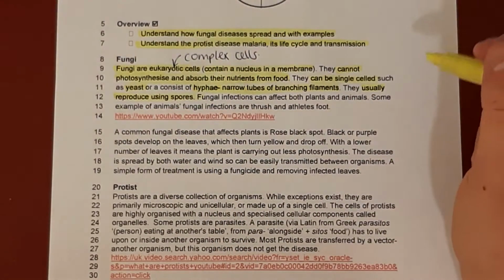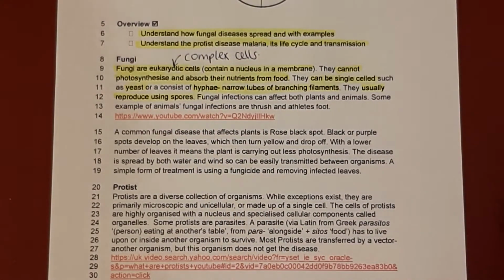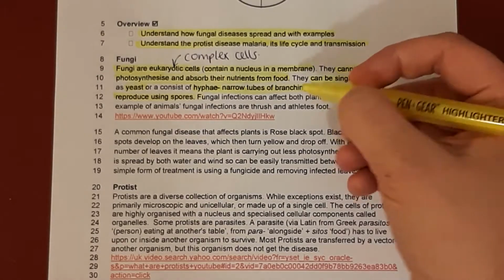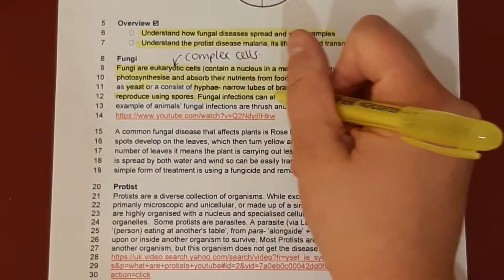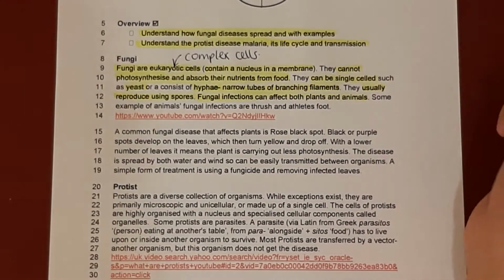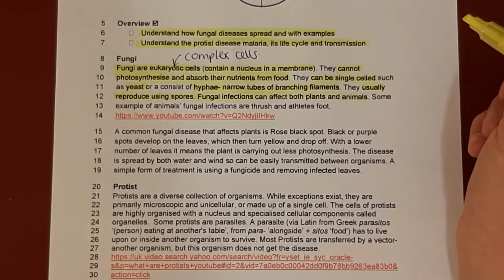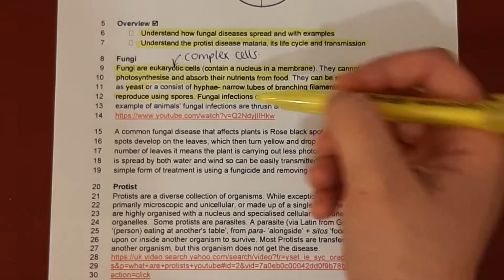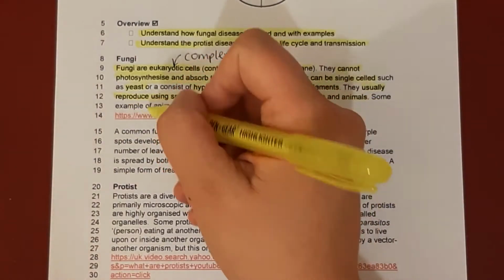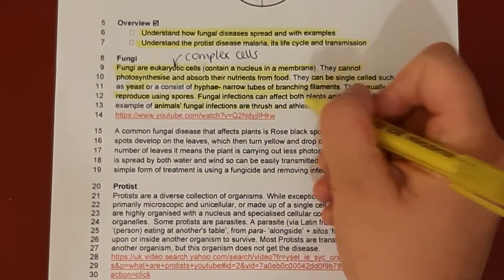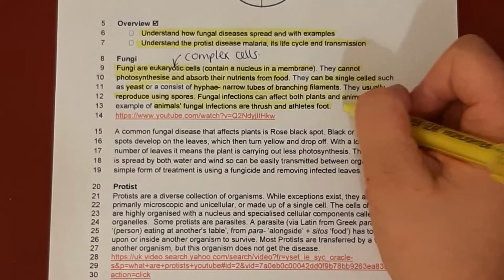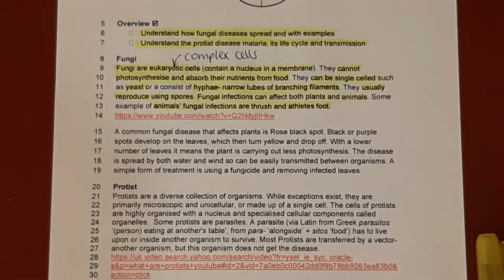They do have other ways of reproducing, but usually they reproduce using spores. So fungal infections can affect both plants and animals. Some examples of animal fungal infections are thrush and athlete's foot. And when we say animal, we're also talking about humans because we are included in the category of animals.